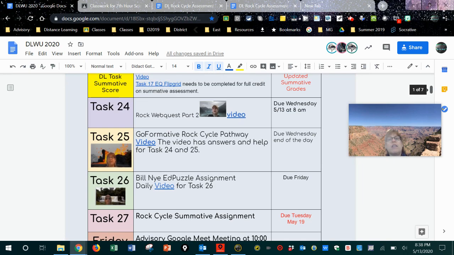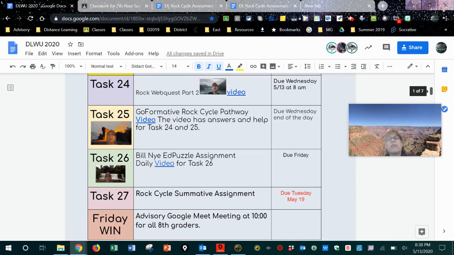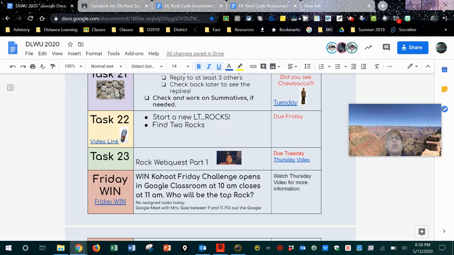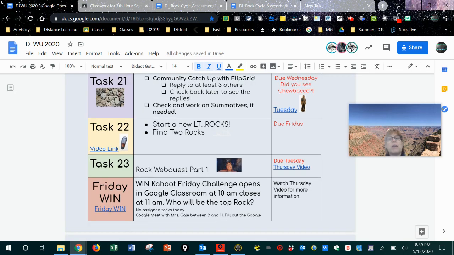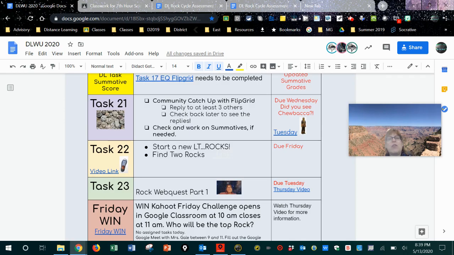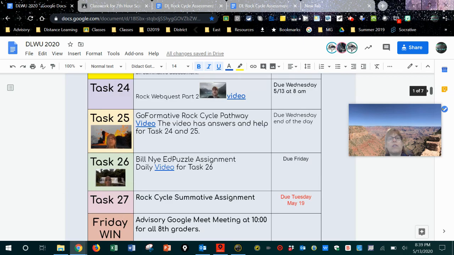And we have done our web quest part 1 and part 2, where we looked at the rock cycle more closely, and it even has a picture of the rock cycle. You had your 2 rocks that you showed me that you found in your house or outside and talked about those. And that's all our work that we've done to prepare ourselves for this assessment.